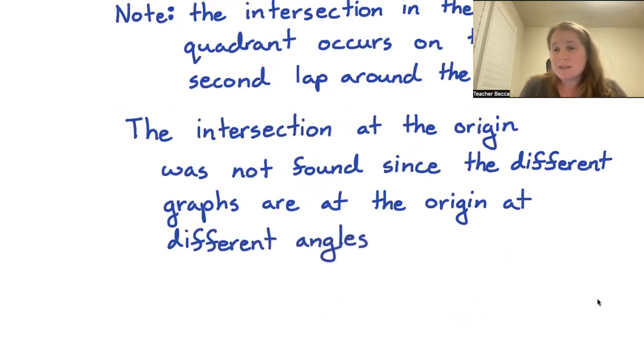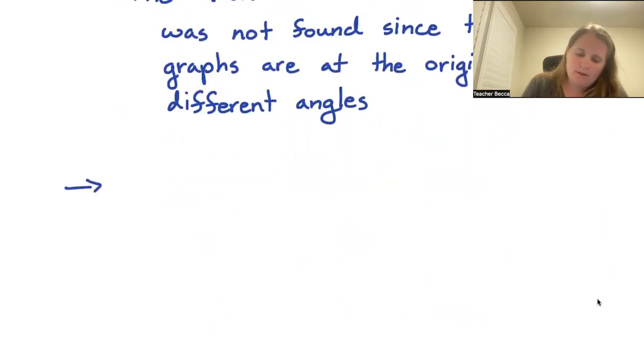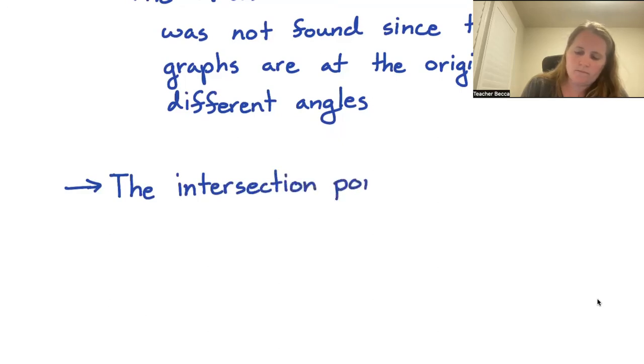So essentially what we've seen here is that the intersection of a polar curve really depends on what you define an intersection to be. So the intersection points of the curves depends on the definition of intersection.